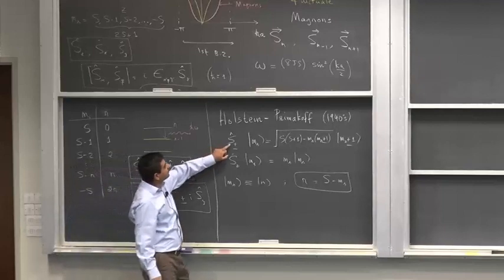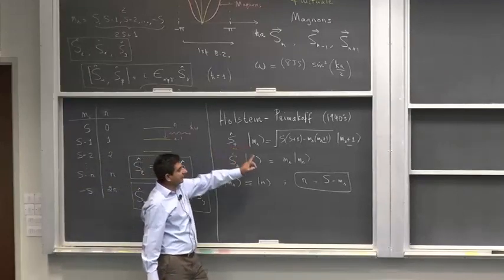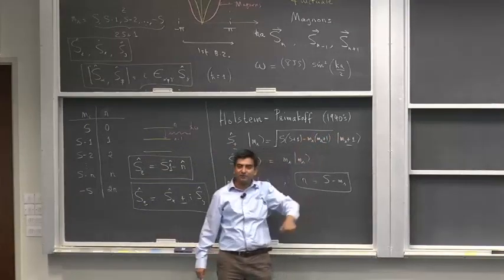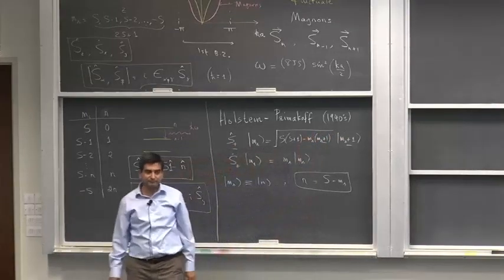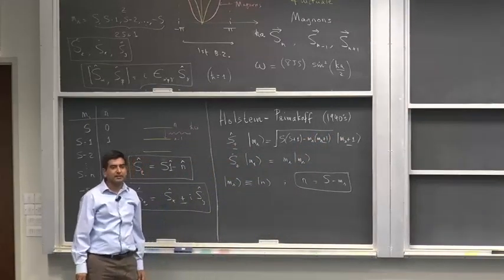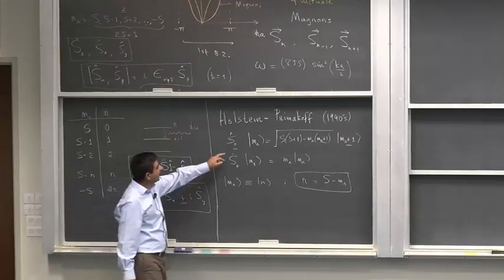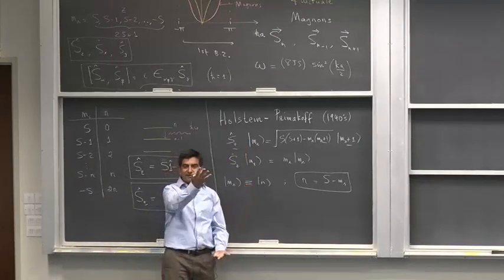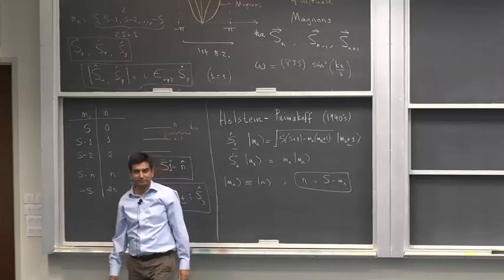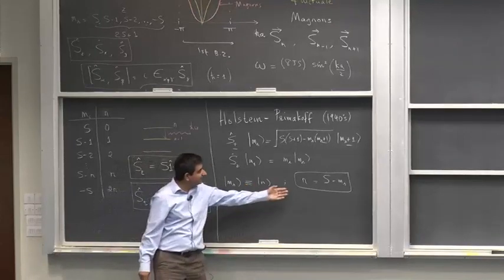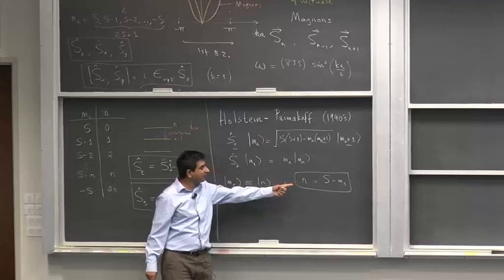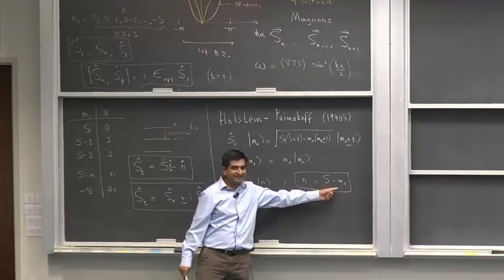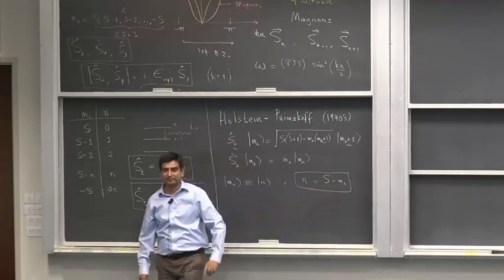If the s plus operator acts on ms, it increments ms, it lowers the number of bosons. And vice versa. If s minus acts on ms, it lowers ms and creates a boson. So now this is my relationship between the number of bosons n and ms.